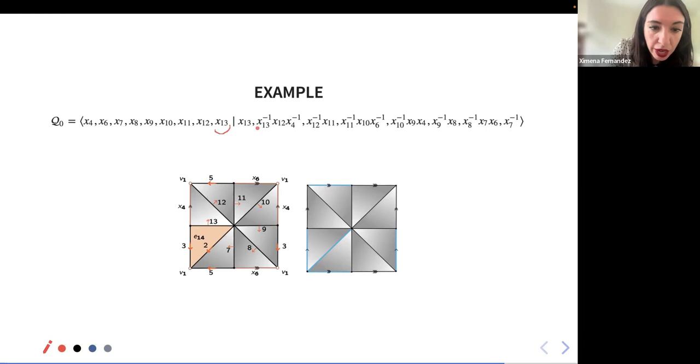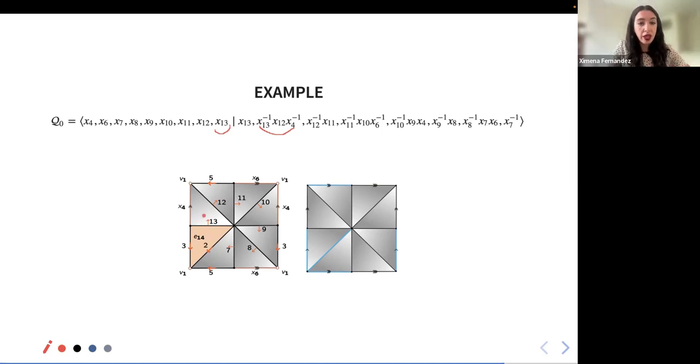So you have x13, x12, x4 to the -1. Yes, I think that I am right. So give me a minute. Yes, so this is correct. So this is the relator associated to these 2 cells.